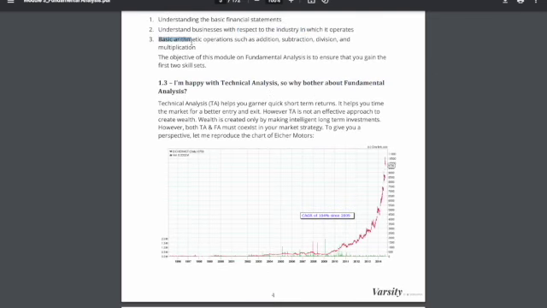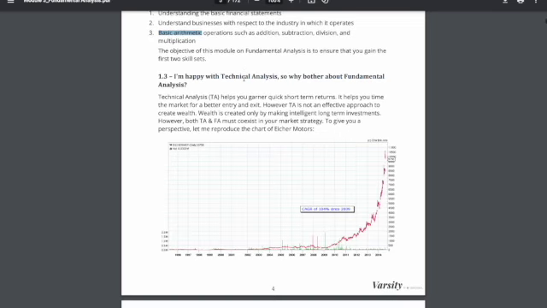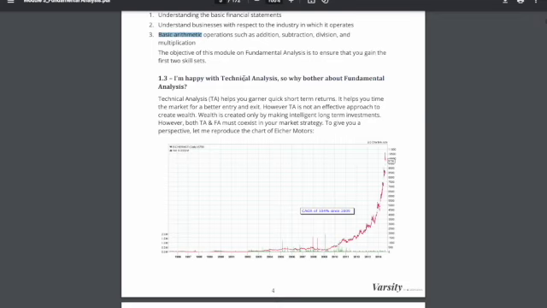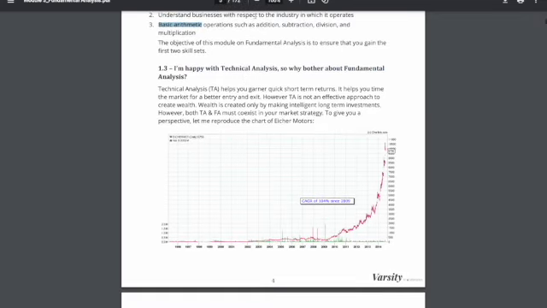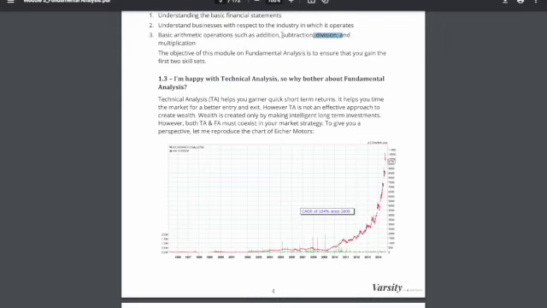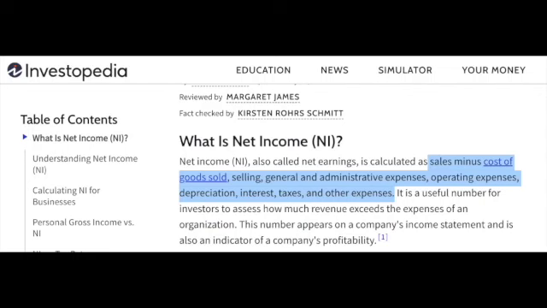So you're going to do basic math to find out things like net profit. Is the company profitable? Its earnings per share. So you're going to use division when you do earnings per share. For net profit, you're going to use subtraction because you're going to subtract something from something to find the net profit.